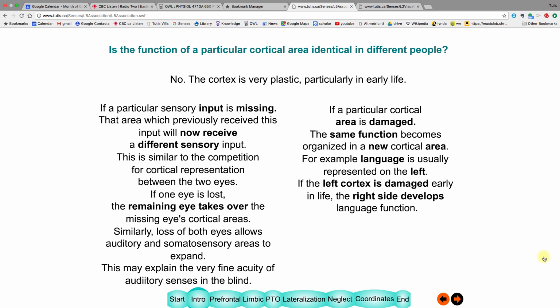But given that you still have 100 billion neurons and 100 trillion connections, we haven't measured what it is that you've lost as a consequence.